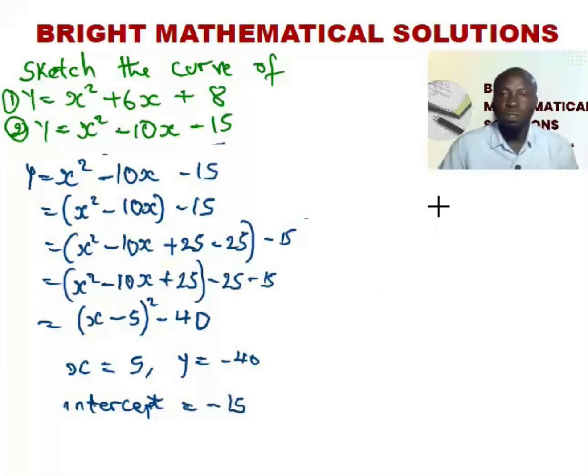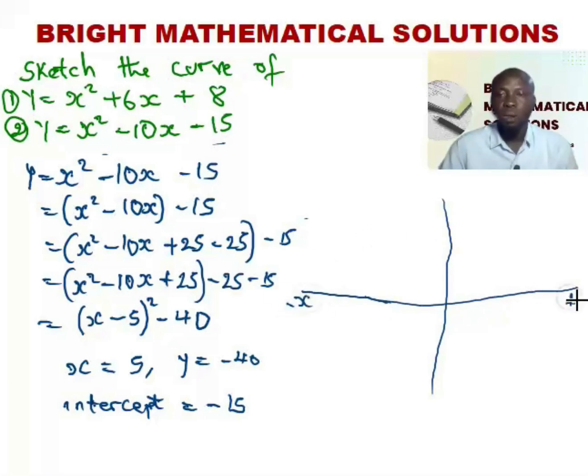So let us again sketch. Remember, when you are plotting, the axes must be straight, please. This is minus x, plus x, plus y, minus y. Let us take x first, because that is what we must define first.